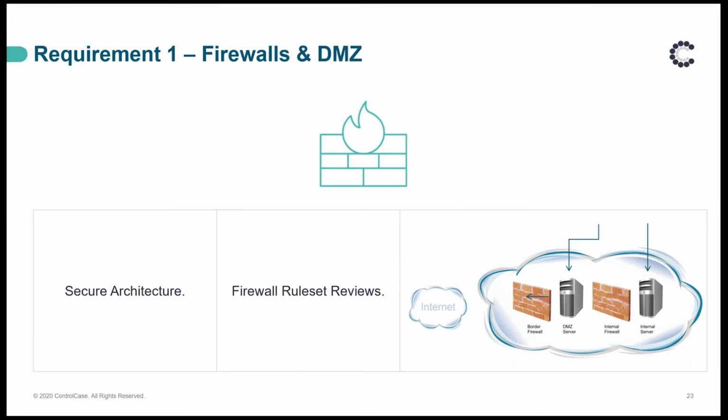And so making sure you're doing and managing the firewalls in an appropriate manner is requirement number 1. This would include secure architecture. This would include DMZ. This would include firewall rule set reviews.